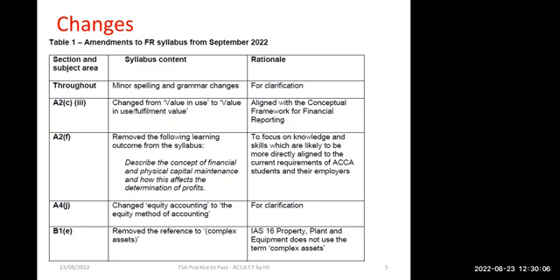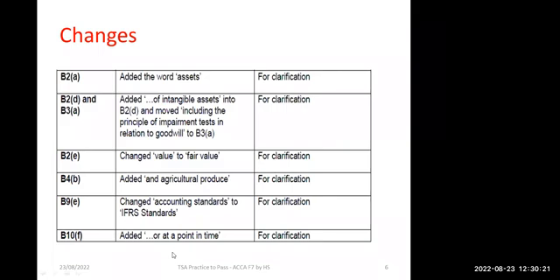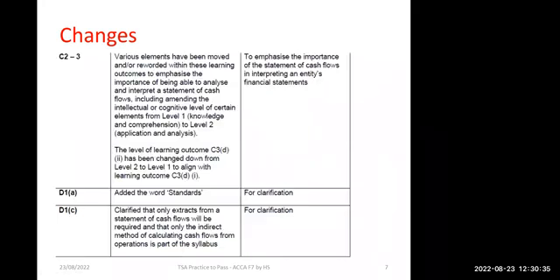They have removed the term complex assets from the syllabus because it's not mentioned under IAS 16. There are also some areas where they added the word assets in the syllabus. So these are some minor changes.